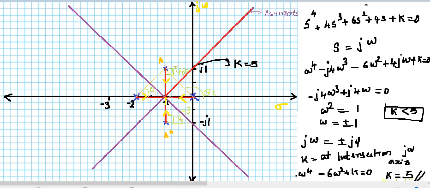The 4 root locus branches will meet here, and it will go to infinity through the asymptotes. So this will be the direction of root locus.